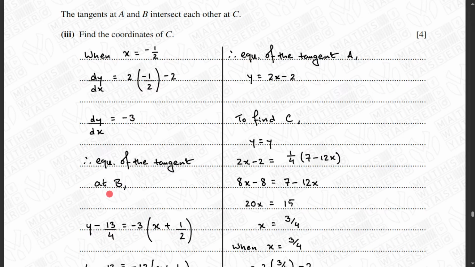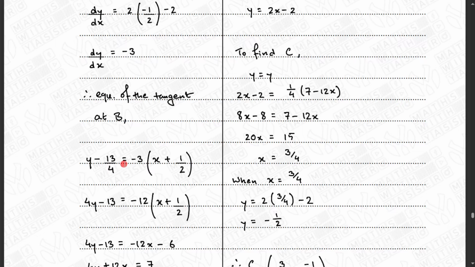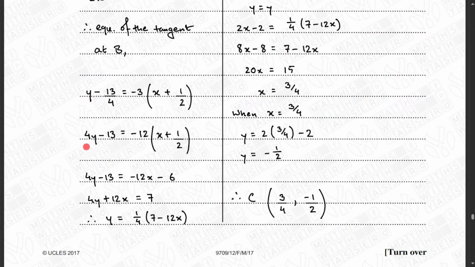So the equation of the tangent at B, and we already know the coordinates of B. So it will be y minus y1 equals m times x minus x1. So that will be y minus 13 over 4 equals minus 3, x minus minus half, which is positive half. Simplifying this, we get 4y minus 13 is equal to minus 12 within brackets x plus half.